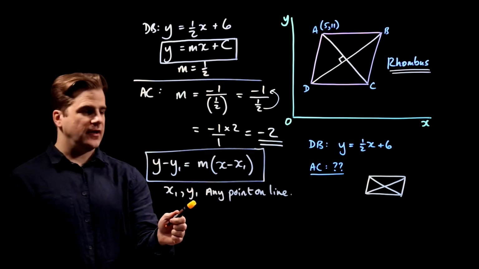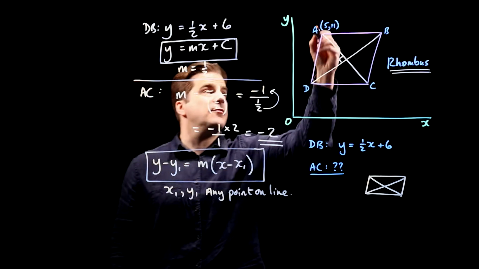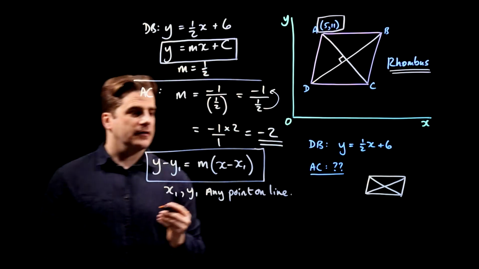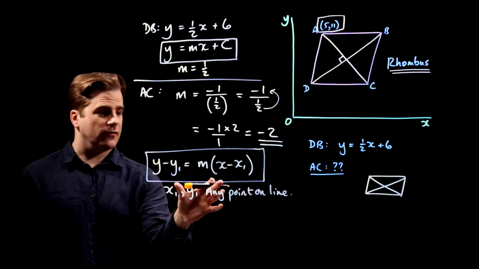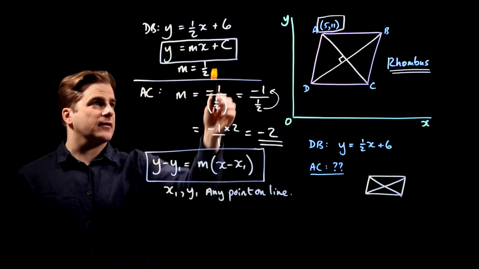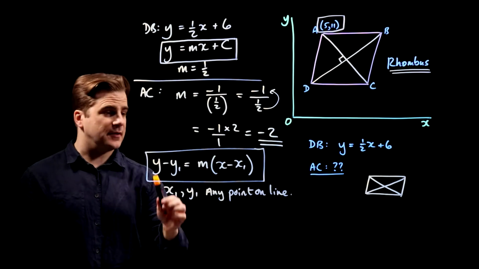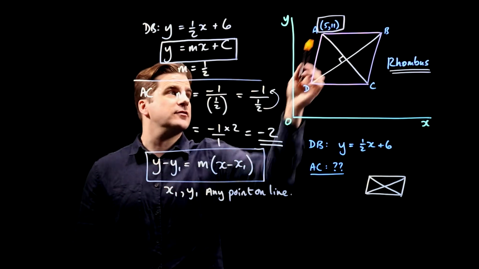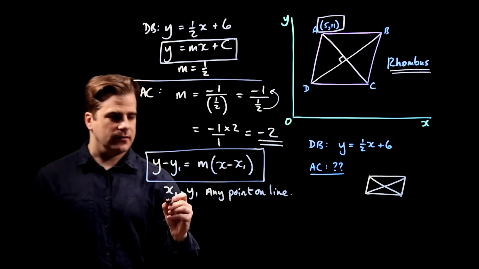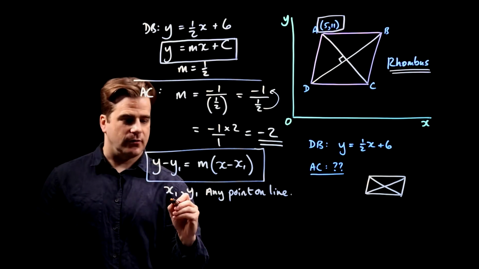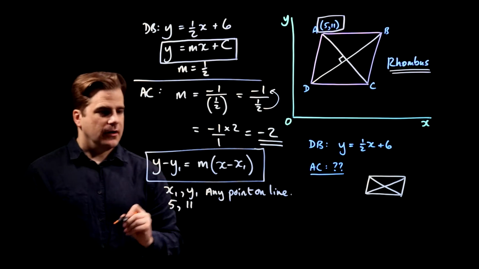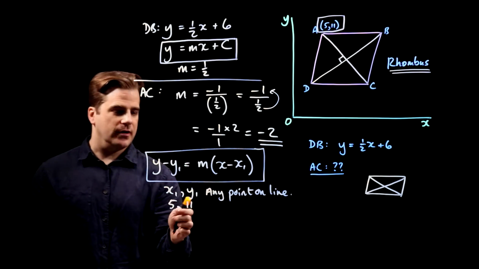This is more convenient in this case because we've been given a point on the line. We don't need to work out the y-intercept. We could use that form, but it's much easier to use this because we just use the point (5, 11). So x1, y1 is the point (5, 11).